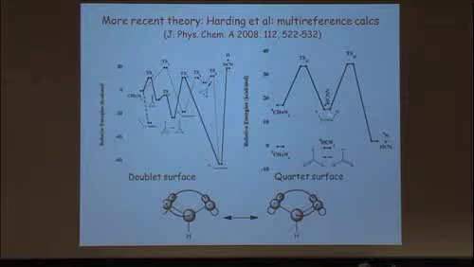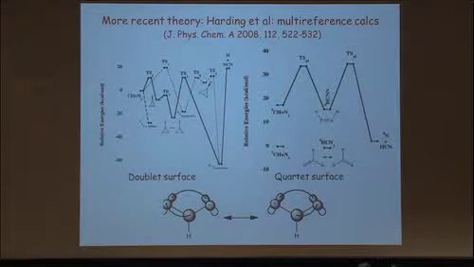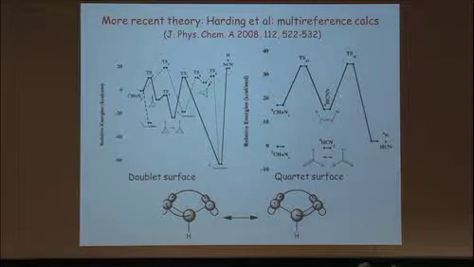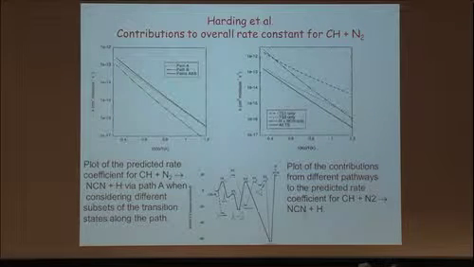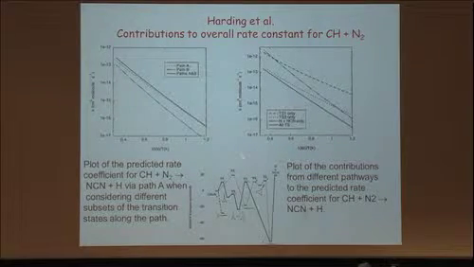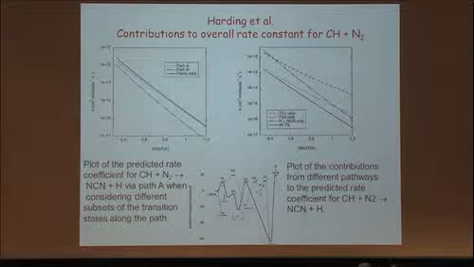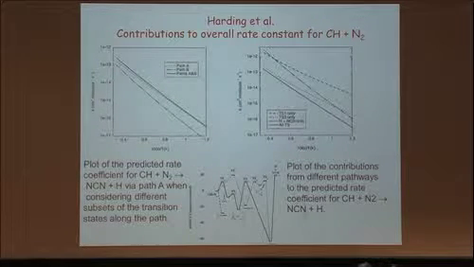So we need to concentrate on this one here, because the crossing from these surfaces to these surfaces over here is very slow. And what they did was to look at the mechanism in some detail. So here's that potential energy surface again.